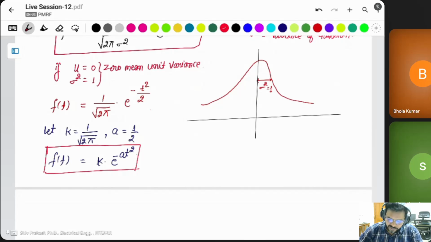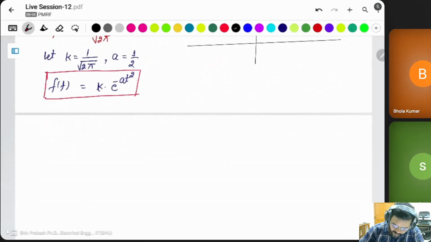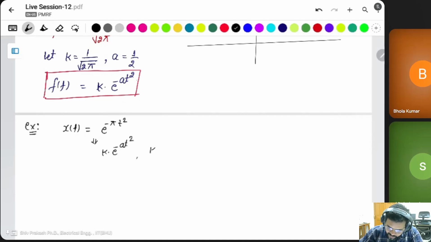For this type of function, I simply use an example: x(t) equal to e to the power of minus pi t square. If you compare this to k into e to the power of minus a t square, then we find k is equal to 1 and a is equal to pi.